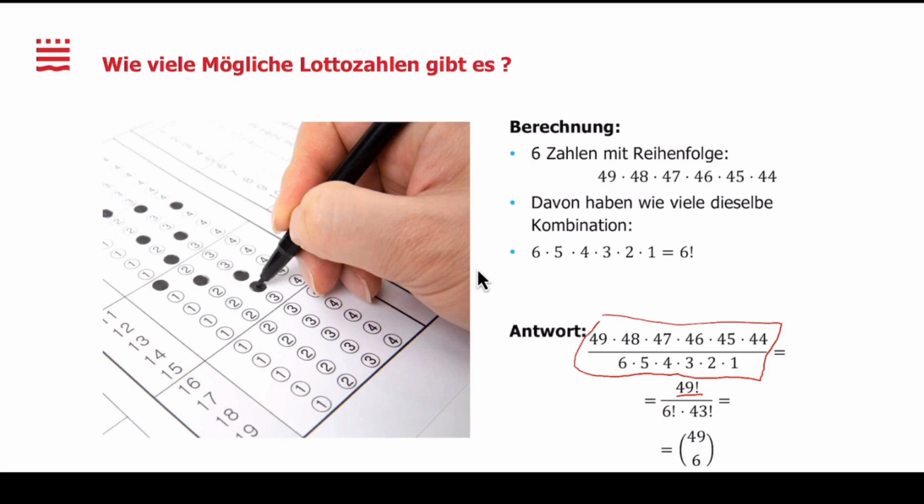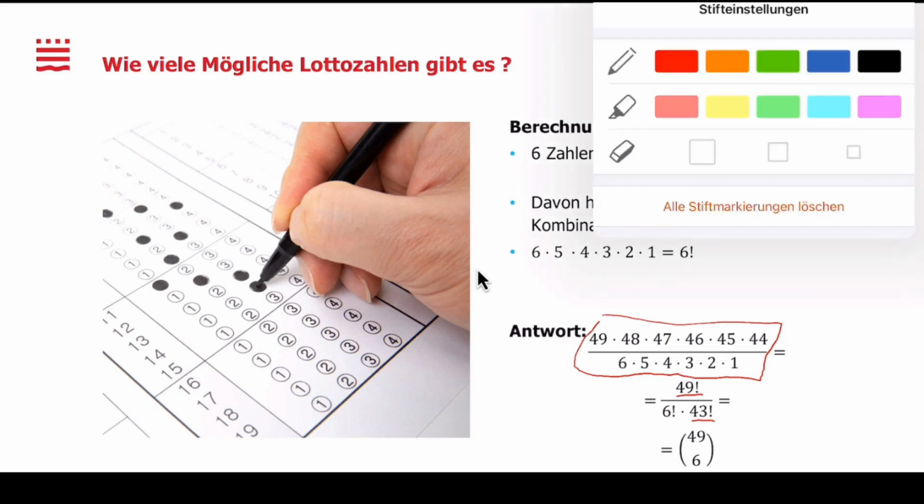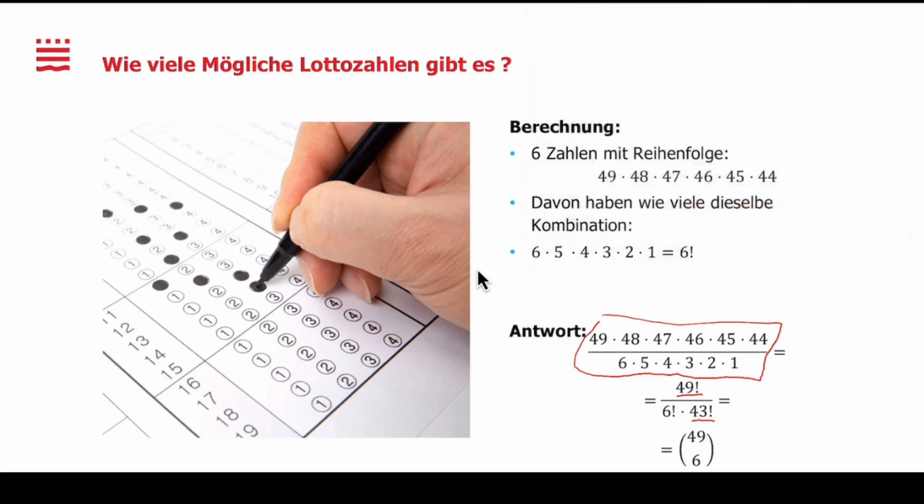So we divide by 43 factorial so that all the numbers from 43 onward cancel out. So this corresponds to 49 factorial divided by 43 factorial. And the other part, 6 times 5 times 4 times 3 and so on, is 6 factorial. That's the result. And we call this number the binomial coefficient.